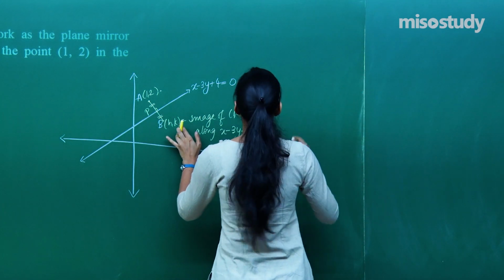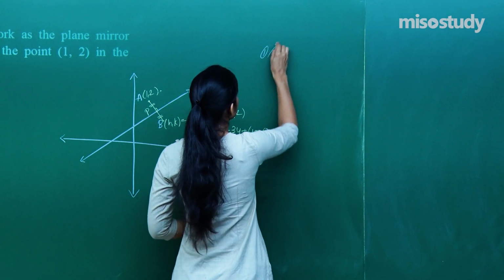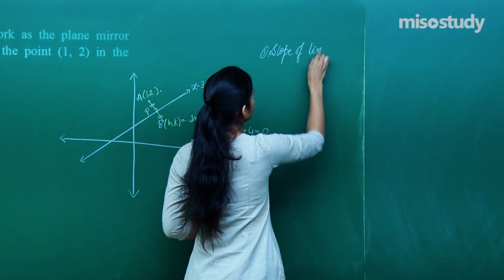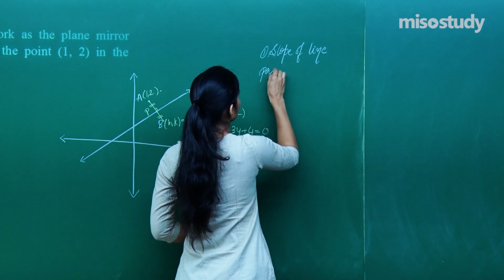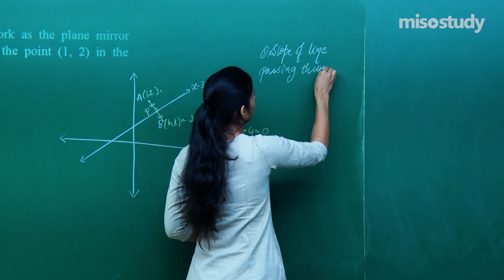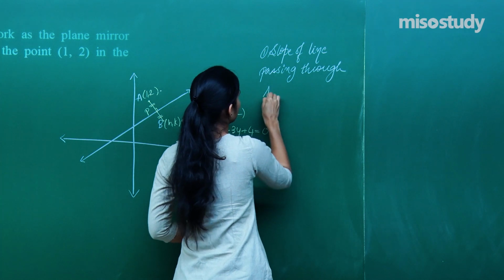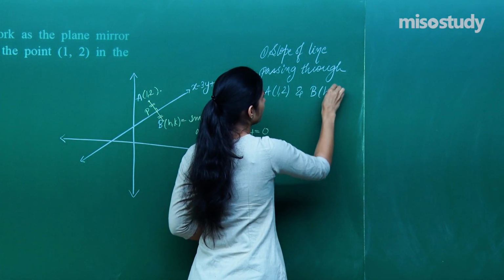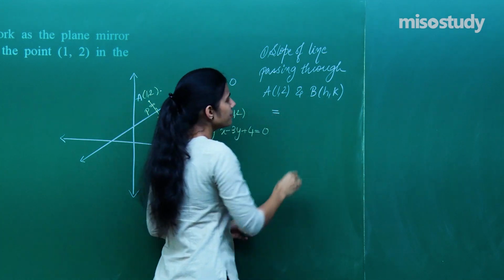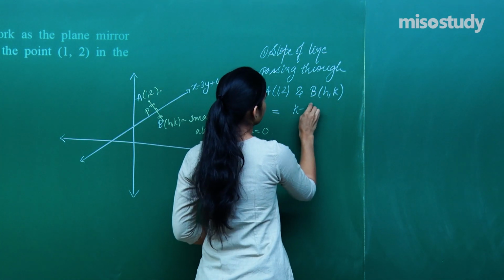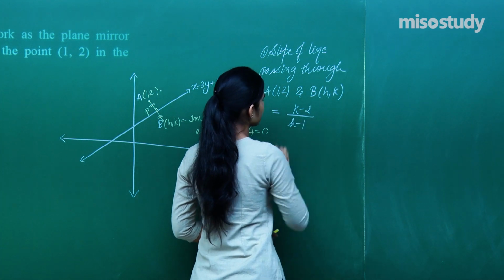Now in here, if I talk about firstly the slope of the line passing through A(1, 2) and B(h, k). What is the slope of the line passing through 2 points? It is given by y2 minus y1 upon x2 minus x1.